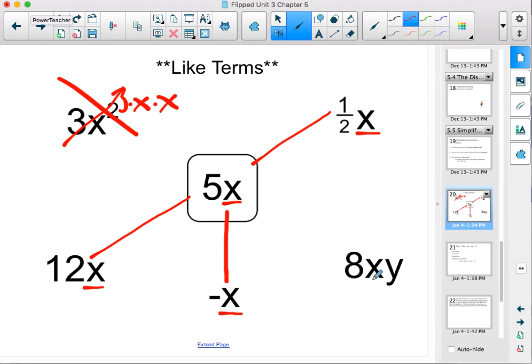We have the same x going on here, but that y throws things out for us. They are not like terms because this has an 8, an x, and then a y at the end. That means 8 times x times y. Not like terms with this guy here because this is just 5x. So these guys are not like terms. Please be really careful to think about like terms having that exact same last name, that exact same variable part.